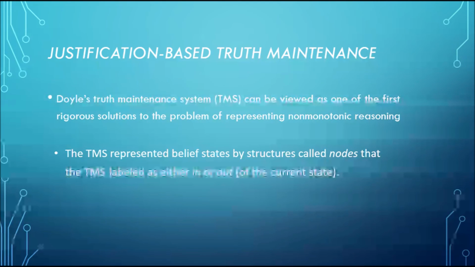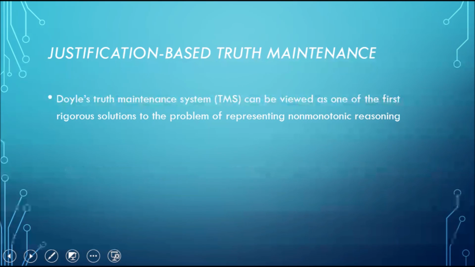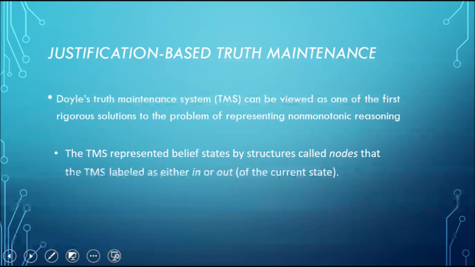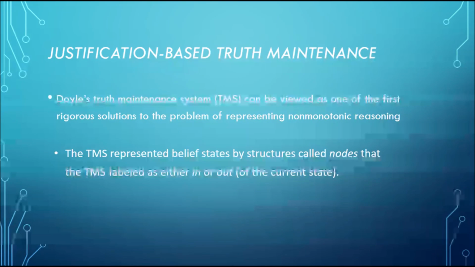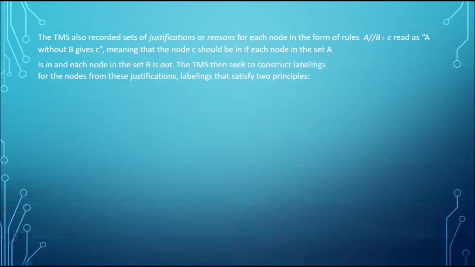This introduces non-monotonicity. The TMS represents belief state by a structure called nodes that the TMS labels as either in or out of the current state. The TMS also records a set of justifications or reasons for each node in the form of rules read as A without B gives C, meaning that the node C should be in if each node in the set A is in, and each node in the set B is out.